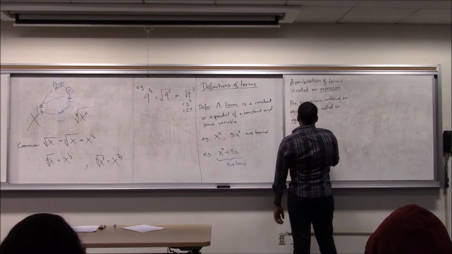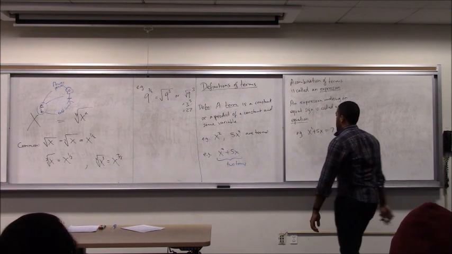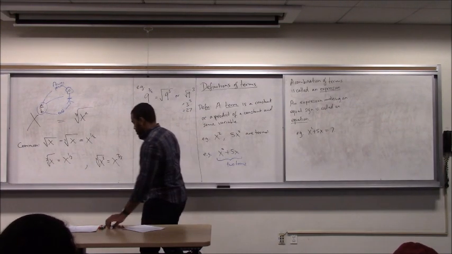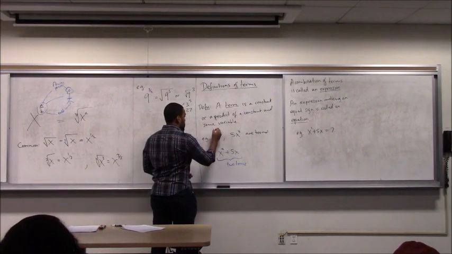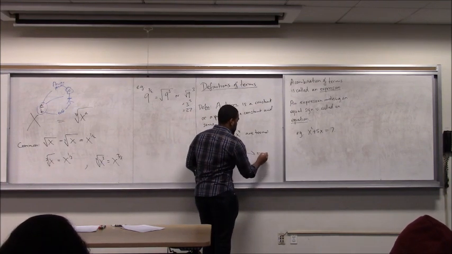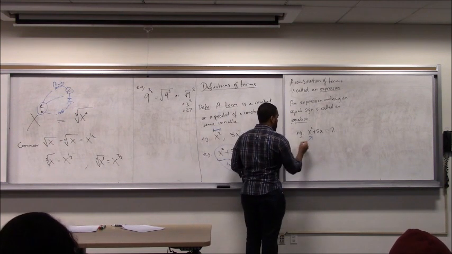For example, x squared plus 5x equals 7 is an example of an equation. These are terms. This whole thing is an expression. And this thing is an equation.